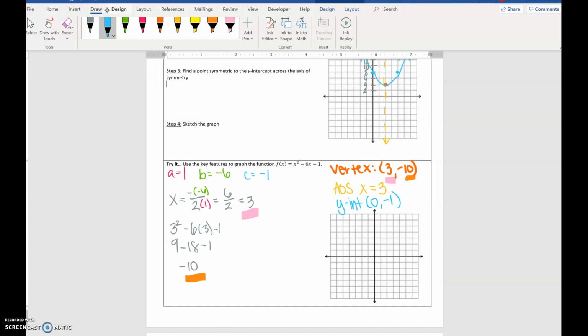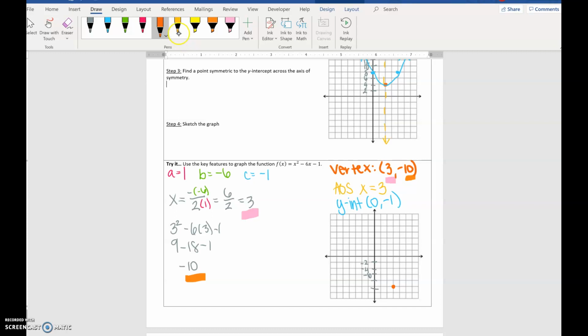So now I'm ready to graph this. Again, my vertex is -10, so I need to count by 2's again. So again, this is going to be -2, -4, -6, and so on. And so my vertex would be 3, -10. So right here.